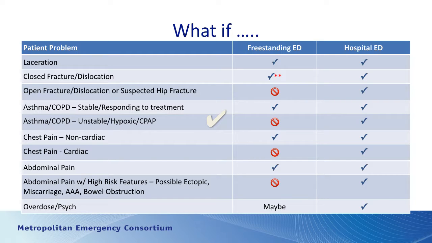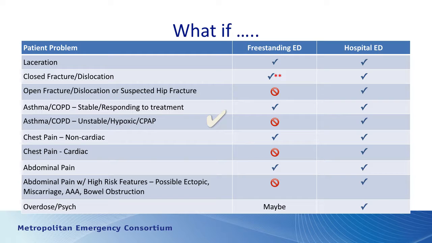Patients with significant injuries such as a degloving injury, I think it's very obvious, are not a candidate for freestanding. Patients with simple closed fractures and dislocations should be considered potential candidates for freestanding. Patients having ankle injuries, shoulder injuries, dislocated shoulders, are candidates for freestanding.